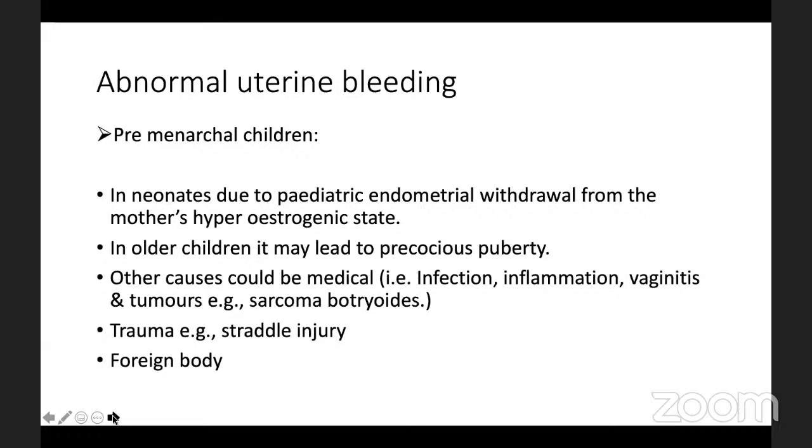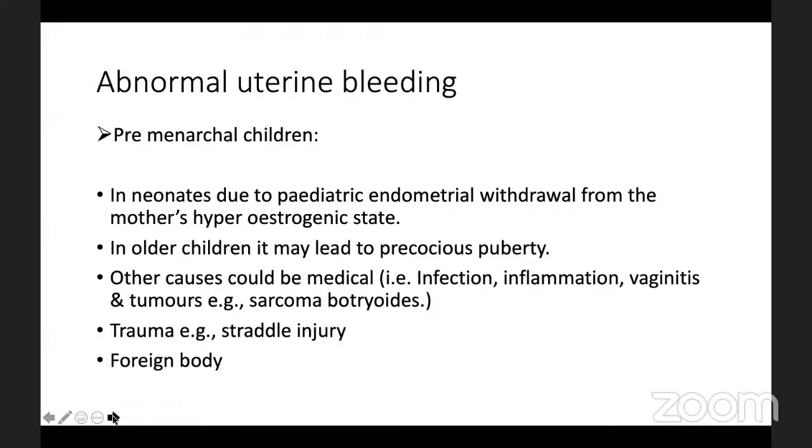So in this slide, I'm looking at the young girls, premenstrual children, including neonates. So in neonates, you can have issues of endometrial withdrawal, which is from the hyperestrogenic state of the mom. So sometimes neonates can present with PV bleeding.